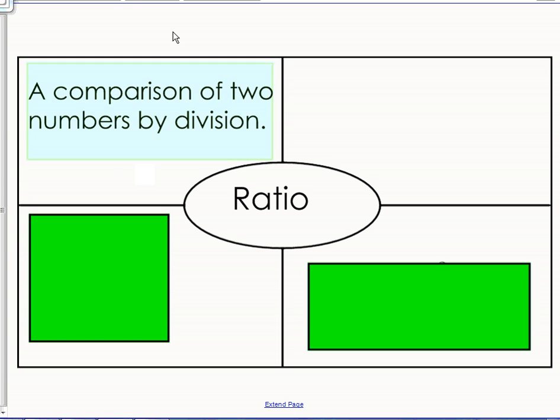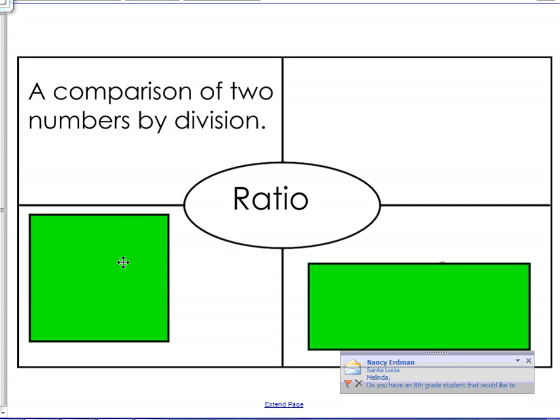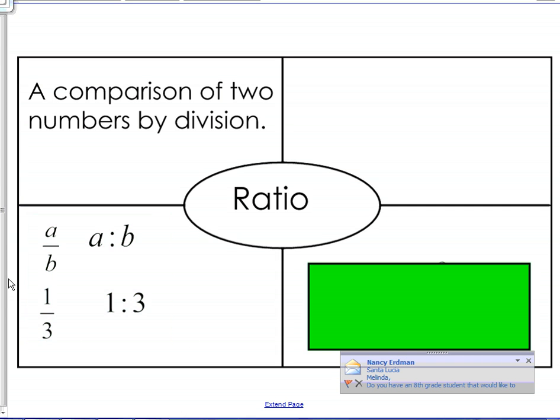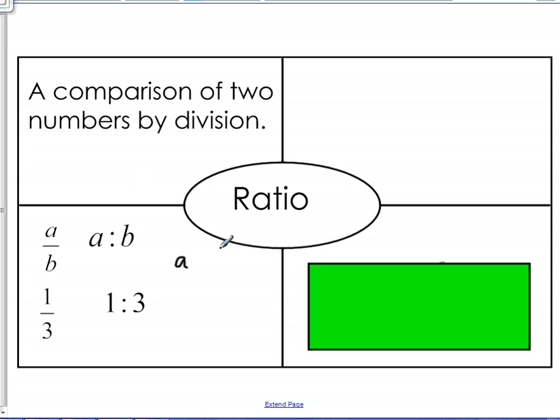A ratio is a comparison of two numbers by division. All right, you can write this in a couple different ways. You can do A over B, A colon B. You can also say A to B. All right.